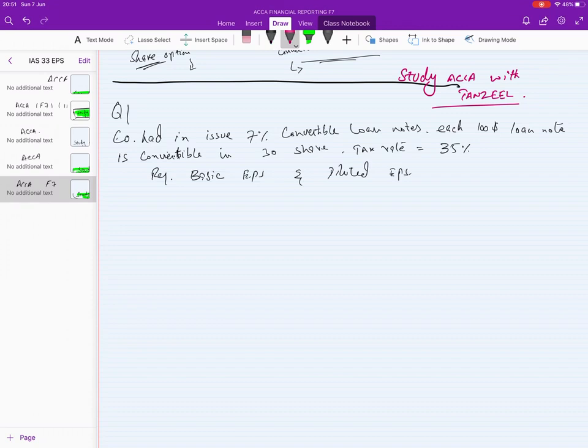Okay, this is the question. Highlight the first thing: the company had in issue. It means the company already had these. 7% of $6,000 convertible loan notes, so $6,000 is the amount of convertible loan notes. Always remember that the interest rate standing next to the convertible loan is the coupon rate.